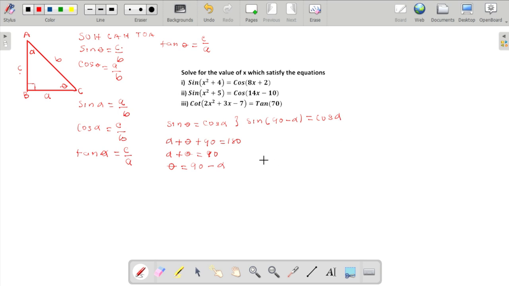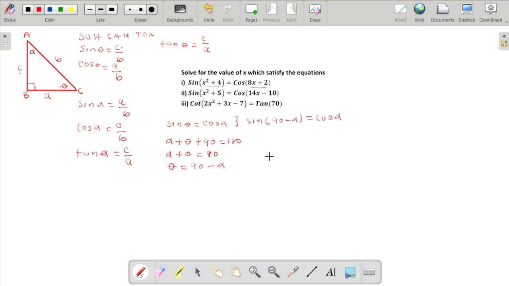So what we're simply saying is that these two angles, once we add them together, must be equal to 90. We use that fact instead of beating about the bush.